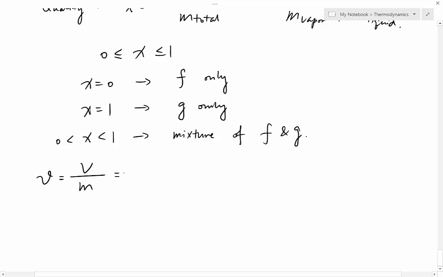So the volume must come from vapor, and it must also come from the liquid. Each one contributes a little bit, divided by total mass.